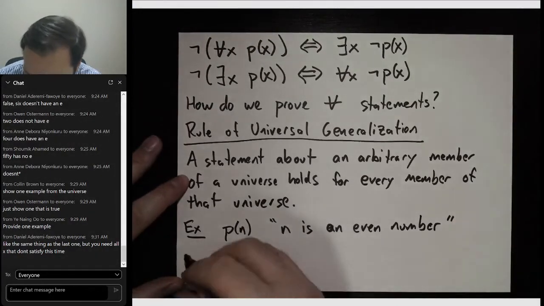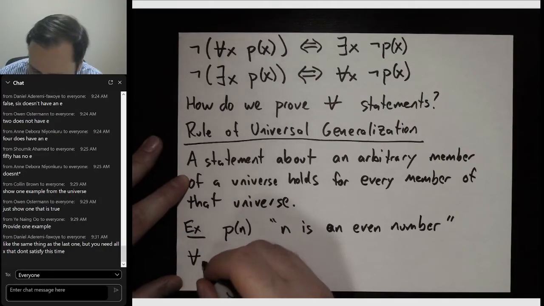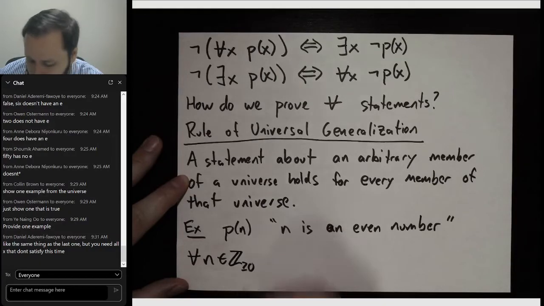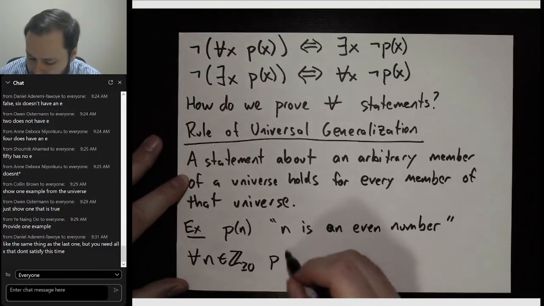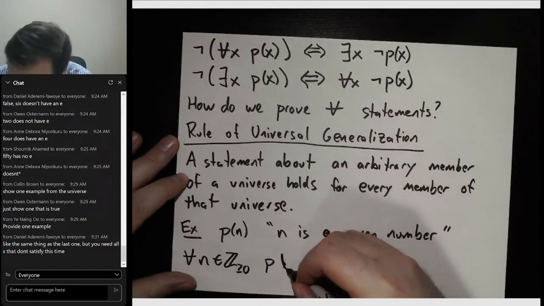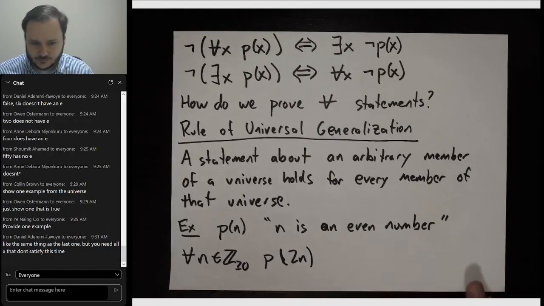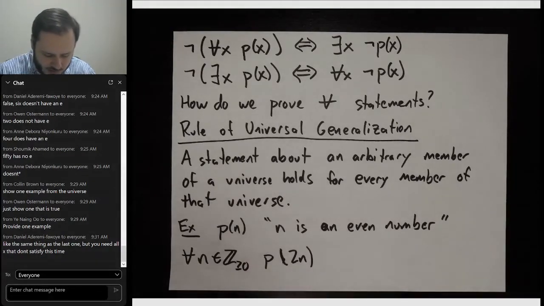So now I want to prove the statement for all n in the non-negative integers, P of 2n. Okay, I want to show that this is true.